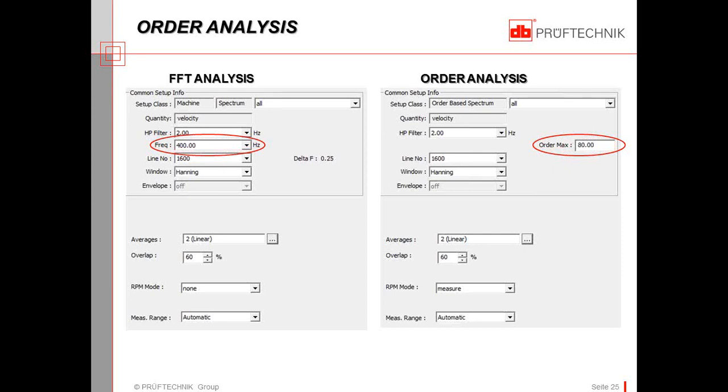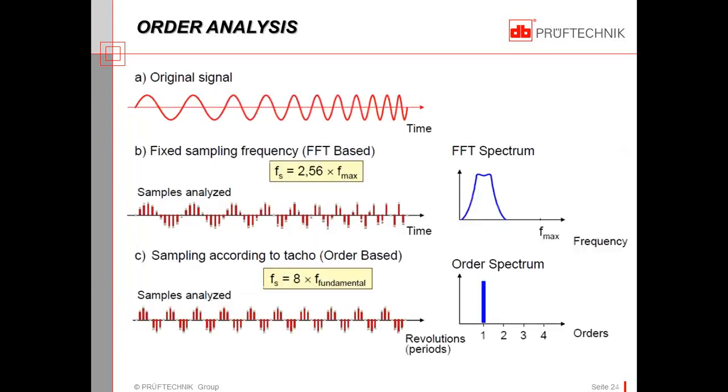And in our example, 1600 divided by 80 gives me 20 revolutions. Once again, remember that the record length is going to be in revolutions here, not in time.